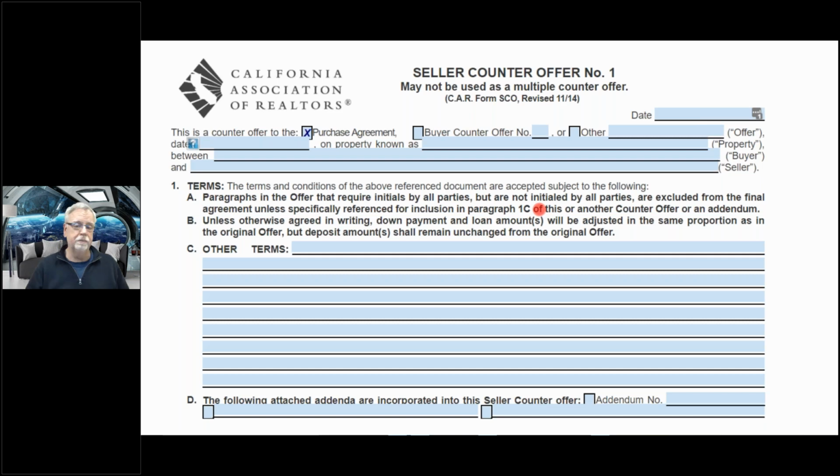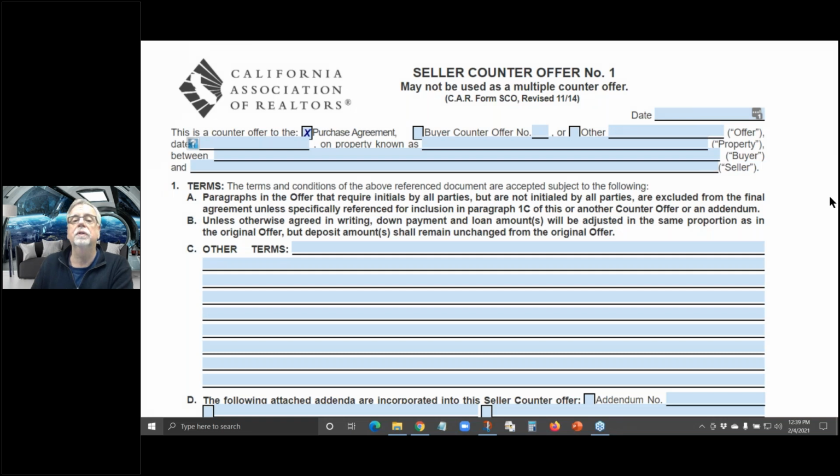And the agent who made the offer, not doing the best job, did not initial liquidated damages. By the time their broker found this out and wanted it to be initialed, it was a little bit late because my client wasn't having anything for it.